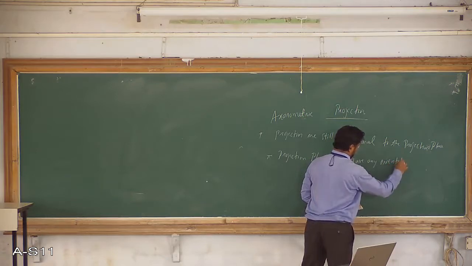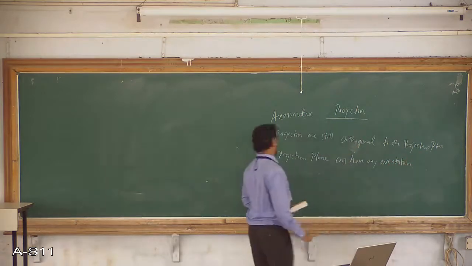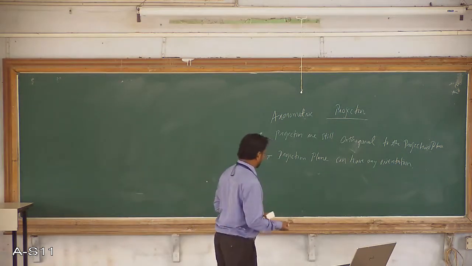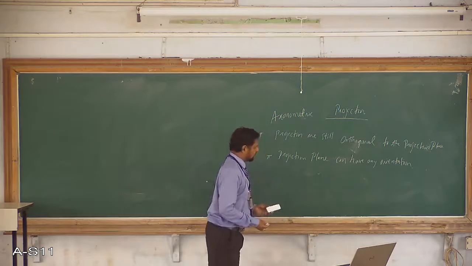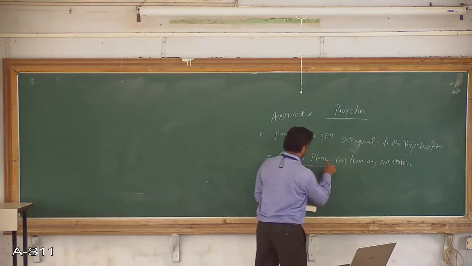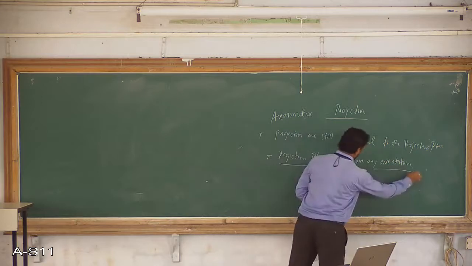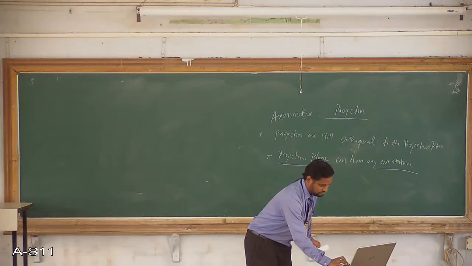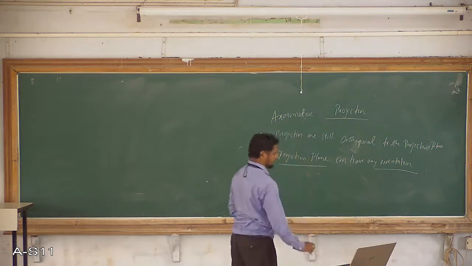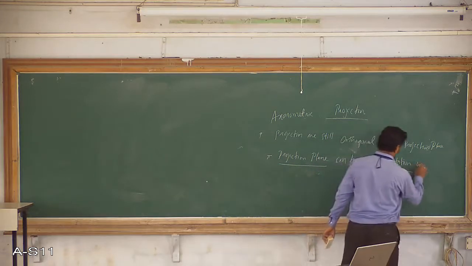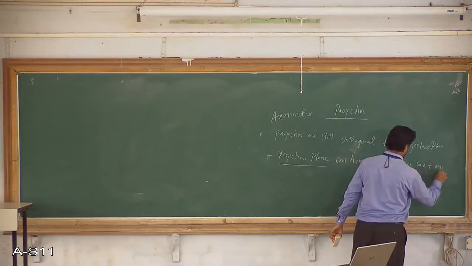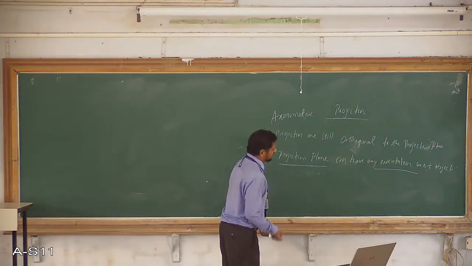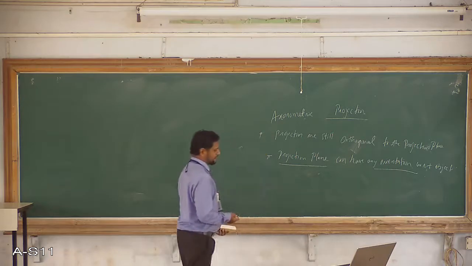In the sense, I can orient this projection plane the way in which I want to place. So I must orient my projection plane. For example, I can draw you one.